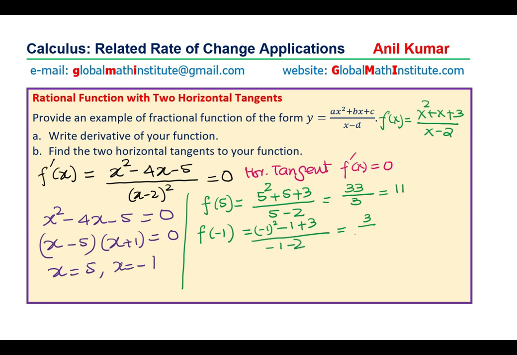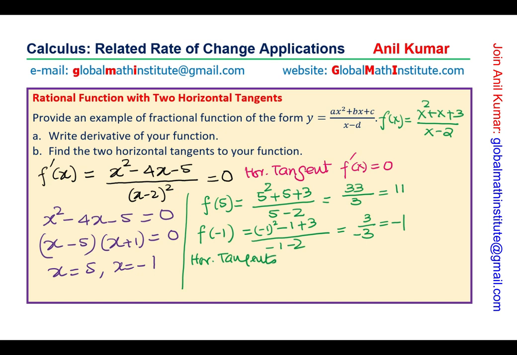Which is minus 1. So we get the points also. That means we have horizontal tangents at the point, let's call this A, which is 5 and 11, and the point B is at minus 1, minus 1. Is that clear to you?